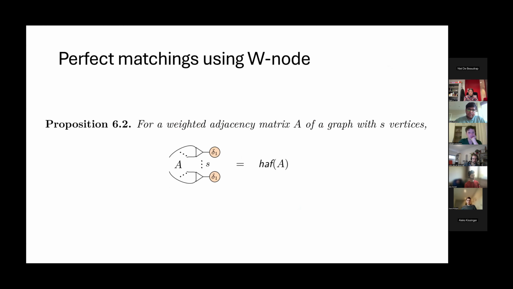In general, if I have an adjacency matrix A describing the connectivity of these W nodes, then this diagram corresponds to the Hafnian of A. So now the goal for showing that Gaussian boson sampling is sampling from a Hafnian is to show that any Gaussian boson sampling circuit can be written in this form, where you have a bunch of W's and some adjacency matrix describing its connectivity that's post-selected on the measurements.